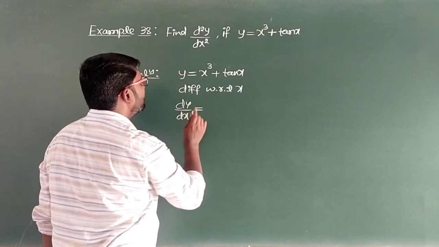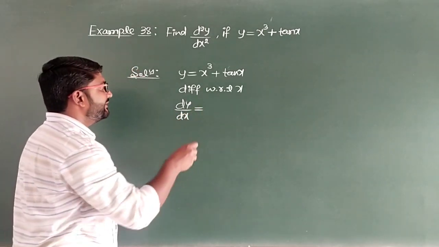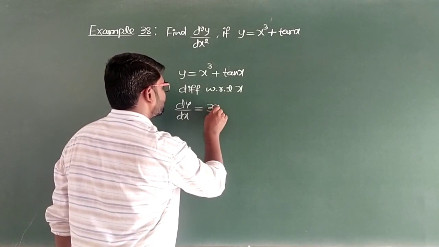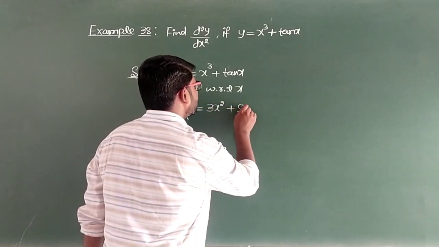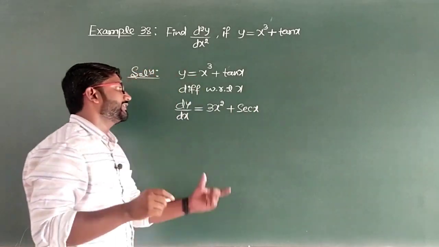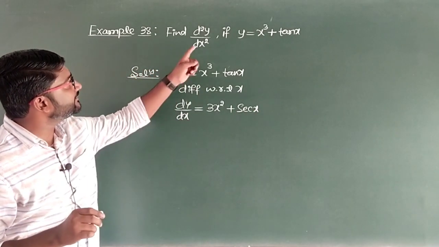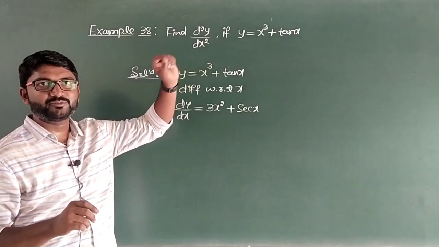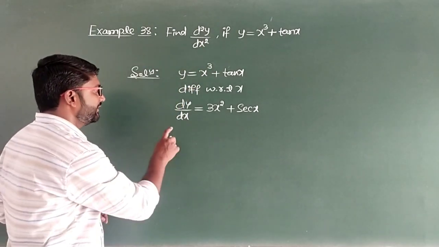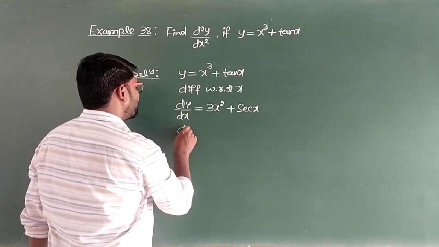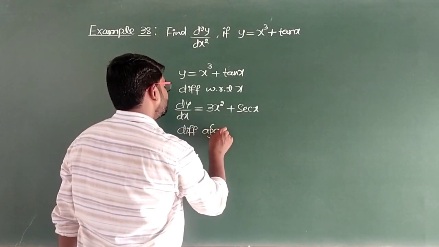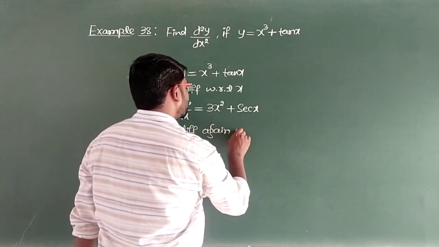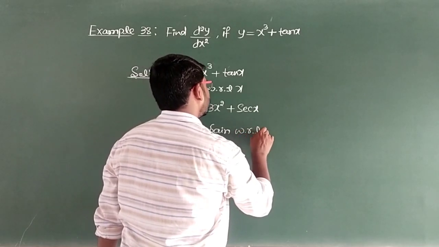This is equals to derivative of x cube will be 3x square plus derivative of tan x will be secant square x. So this is first order derivative. Here we need d square y by dx square, that means we will have to go for second order derivative. So differentiate again with respect to x.